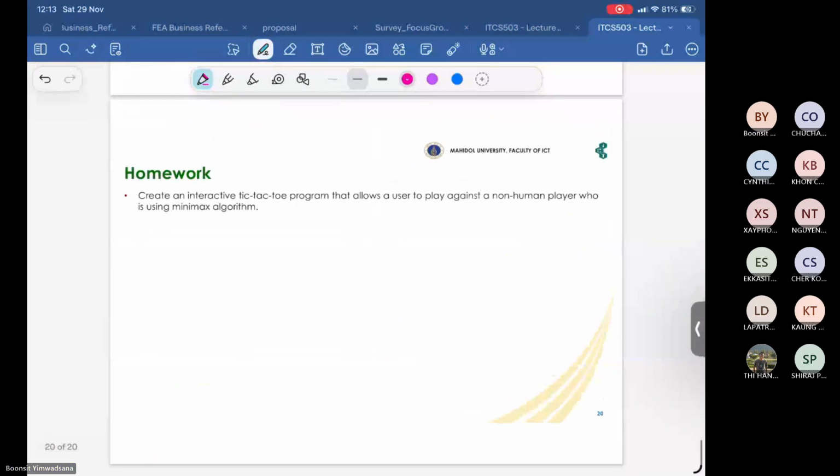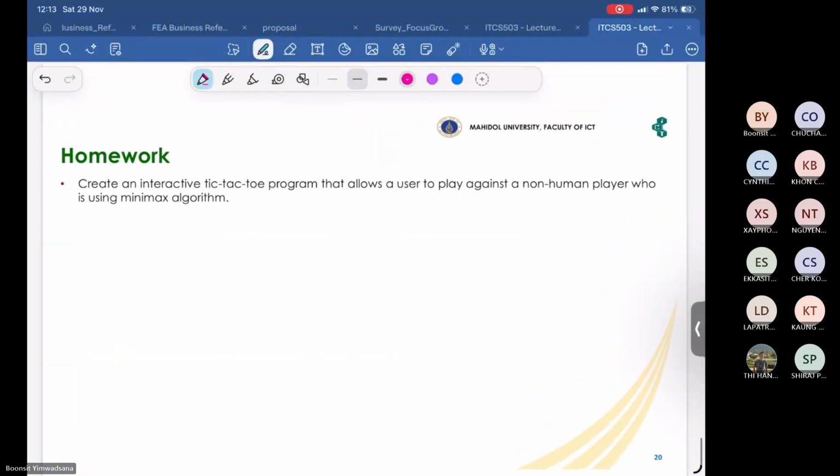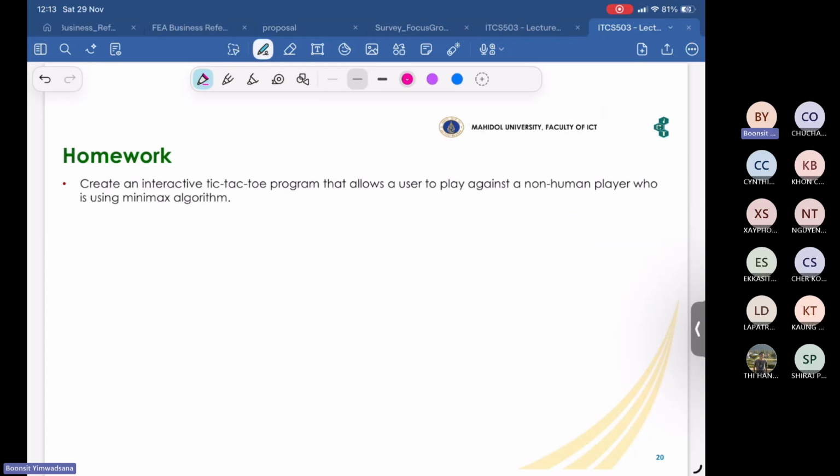And then the homework is that I give you the algorithm. Now create a tic-tac-toe game that allows a human to play. To play, you can ask the human to input 00, 01, or 02, or 10.